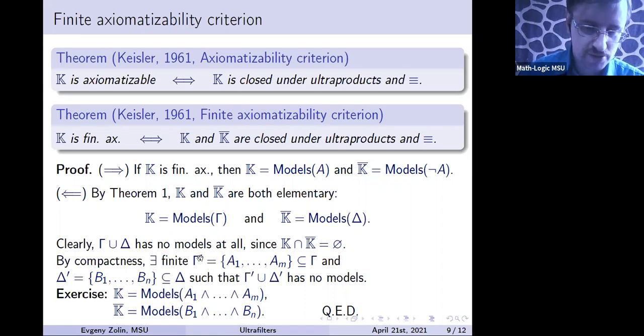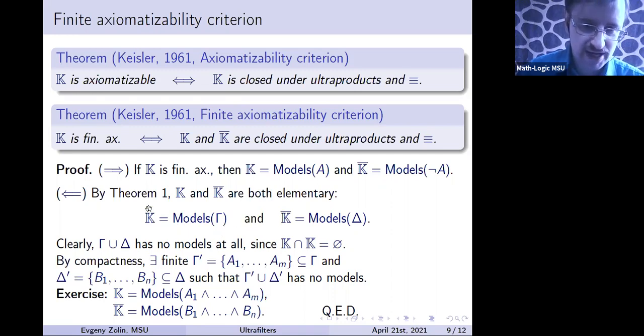Well, simply because gamma prime is a subset of gamma, so the class of models of gamma prime is bigger than K. And the class of models of delta prime is bigger than the complement of K. But we cannot go bigger because the models of gamma prime and the models of delta prime do not have common models.